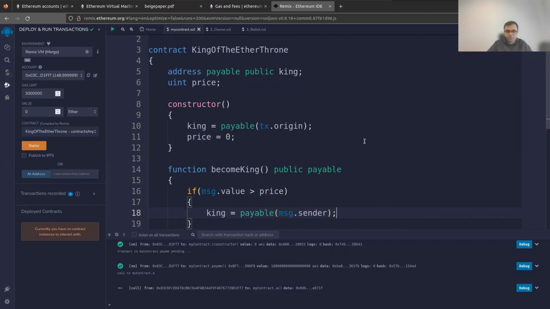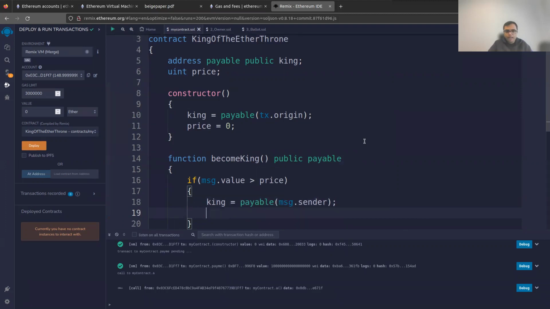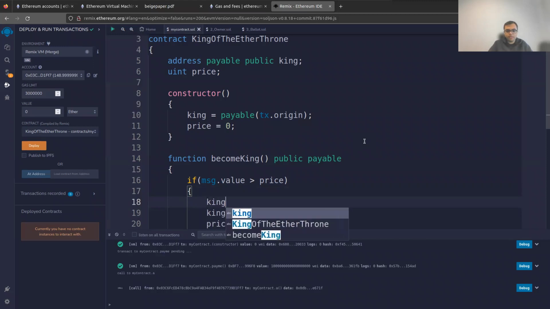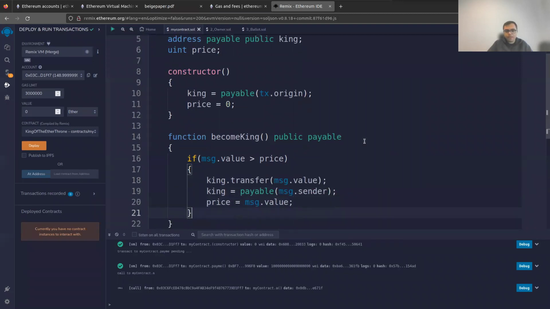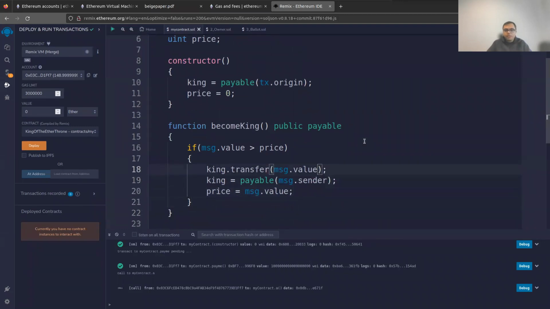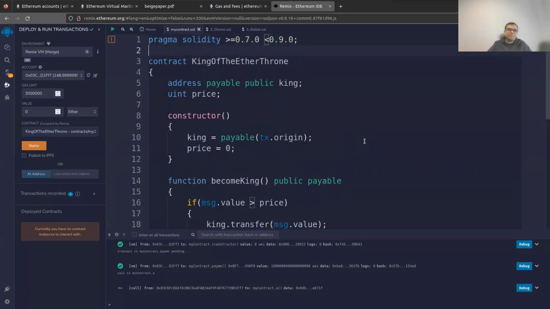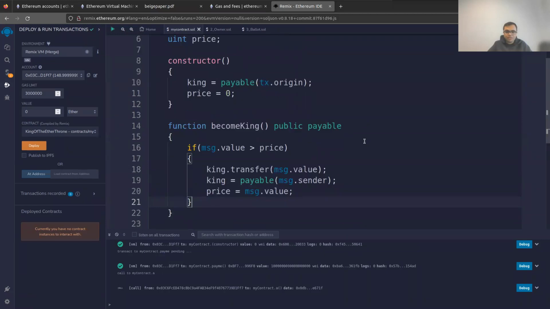So this is my new king. And what is my new price? My new price is msg.value. And of course, before doing all of this, I want to pay the previous king. So I say king.transfer(msg.value).